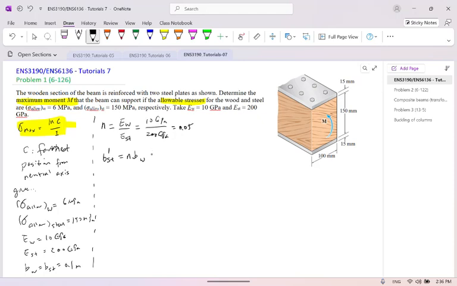We transform wood into steel, so it is not actual steel, it is from the transformed part. So 0.05 times 0.1 equals 0.005.